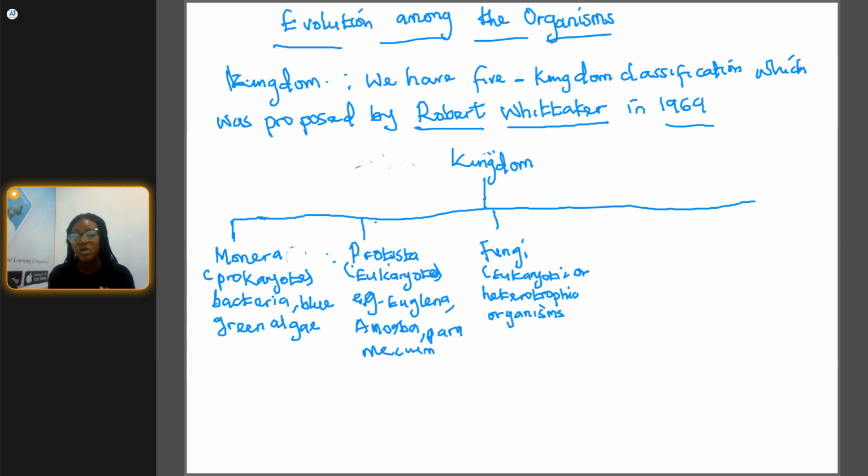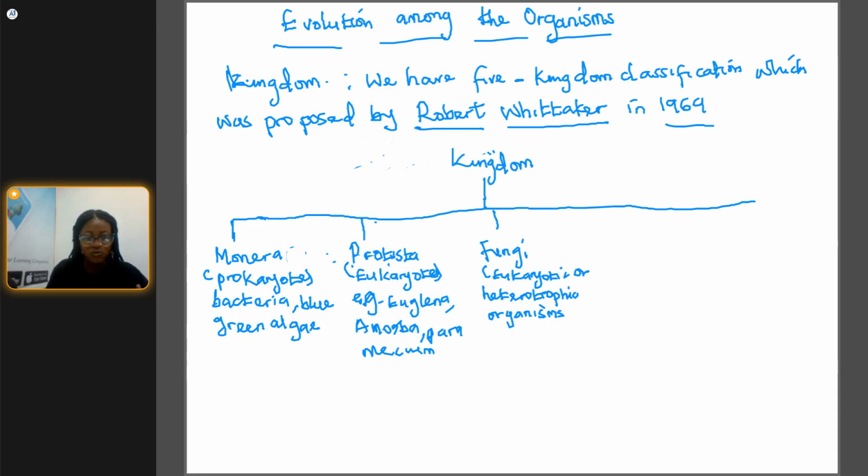But heterotrophic organisms, they are the animals that feed on things. They feed on what they see. They cannot manufacture their own food by themselves. So if they cannot manufacture their food by themselves, then that means they are more complex than the autotrophic organisms. Okay, so the fungi are eukaryotic or heterotrophic organisms.